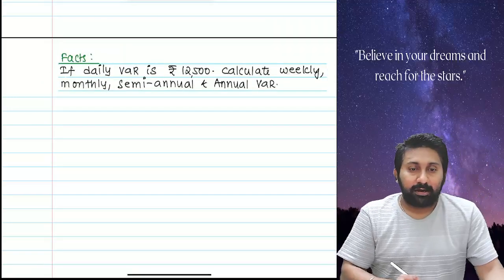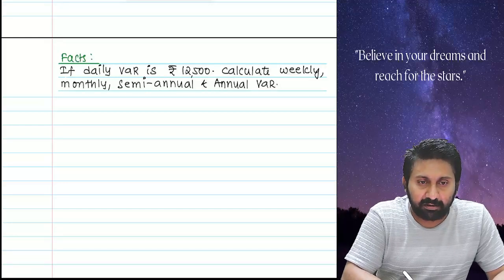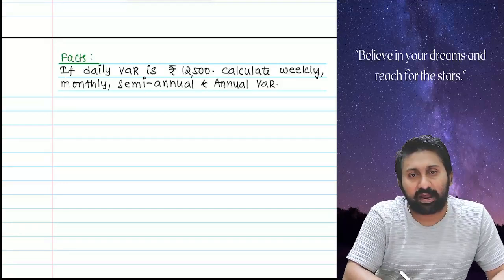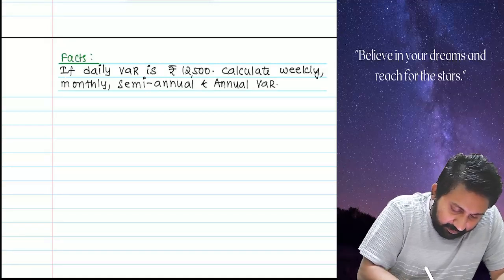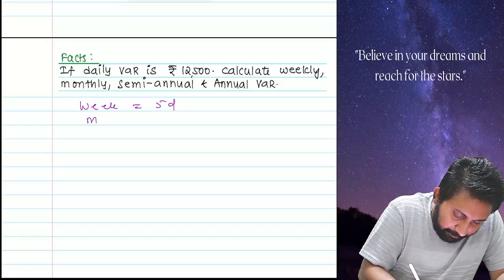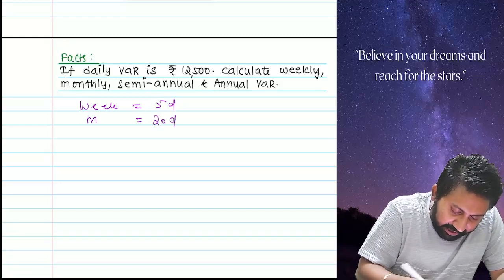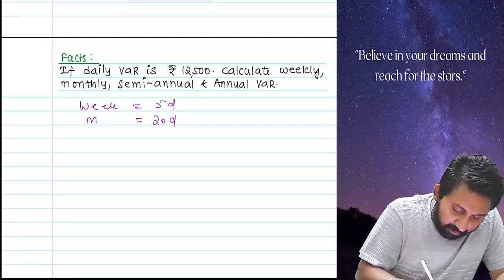Okay. Daily VAR is 12,500. Calculate weekly VAR, monthly VAR, semi-annual VAR, annual VAR. First listen. In this chapter a week will have 5 days, a month will have 20 days.